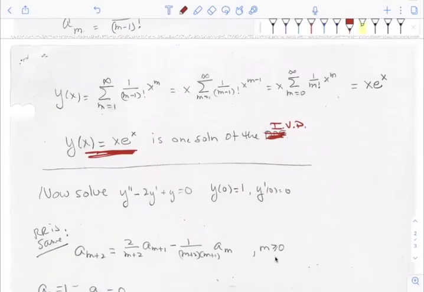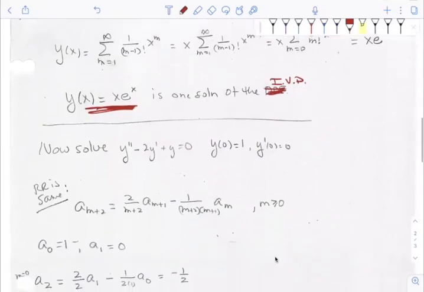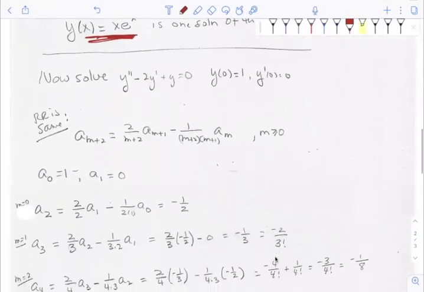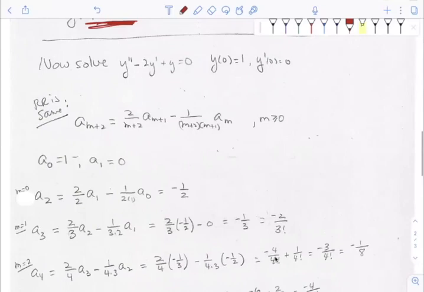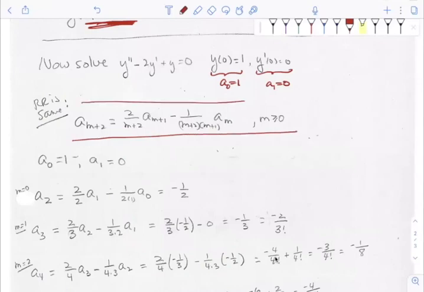And I want to go back and do the other one now. So here is exactly the same differential equation with now initial conditions which say, all right, A0 is 1 and A1 is 0. And now I've written down the recurrence relation again. It's going to be exactly the same as before because we're solving the same differential equation.